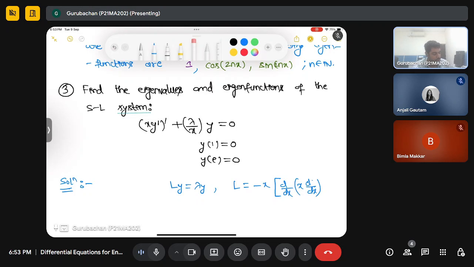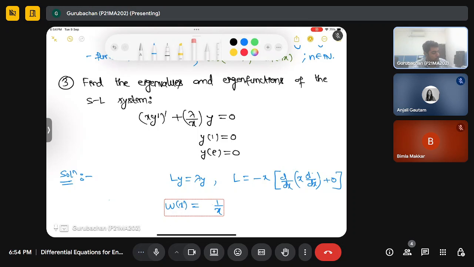If you expand this (x y')', it gives x y'' + y'. There is no term of y, so this will be plus 0. From here you will get to know that your weight function is 1/x. It's positive, because in general it's minus 1/ω(x), so it will be positive.